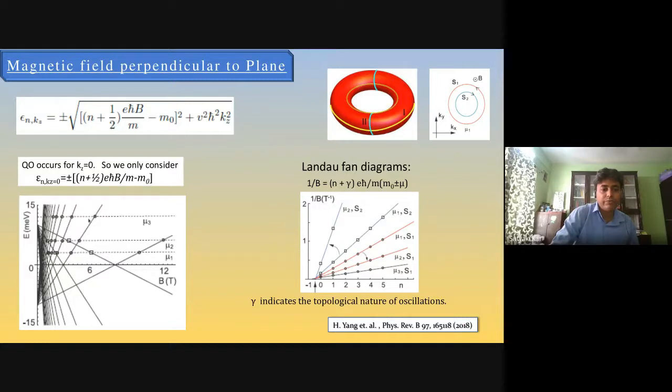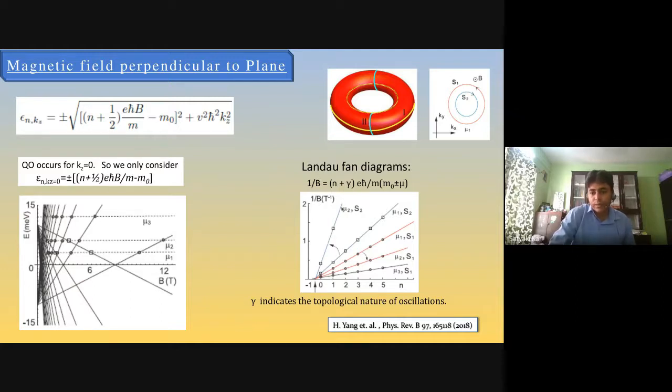And then if you go to a different n value, you will again get another two sets of B values like you got in the previous case. Now, if we collect all these B values coming from one particular branch, either plus or minus, and plot that in a 1/B versus n diagram, this is called a Landau fan diagram.